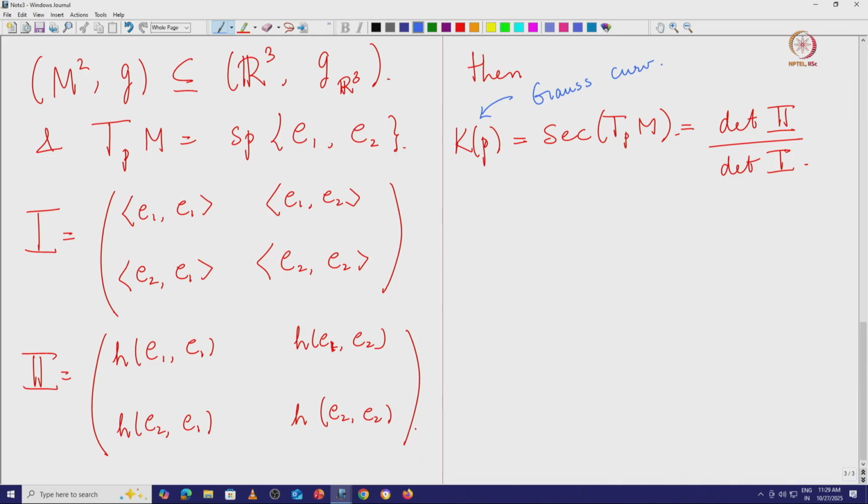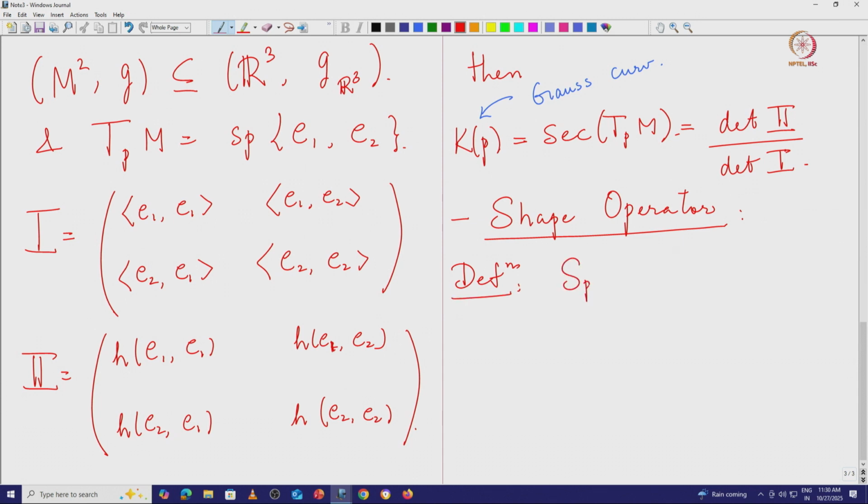Okay, so now in order to do calculations, it is sometimes helpful to introduce this thing called the shape operator. Okay, so this is essentially the linear transformation associated to the bilinear form, which is the second fundamental form. Okay, so more formally, the definition is as follows.